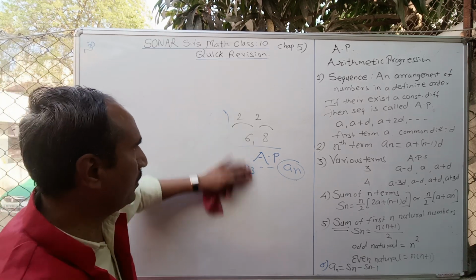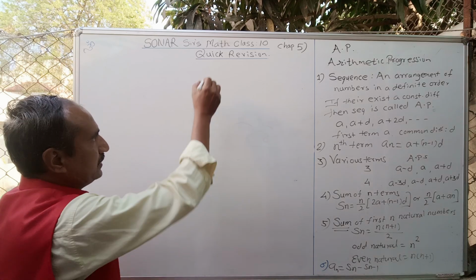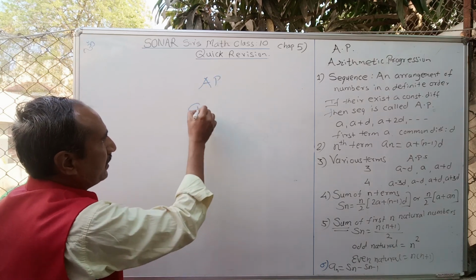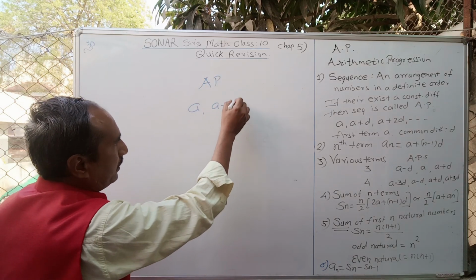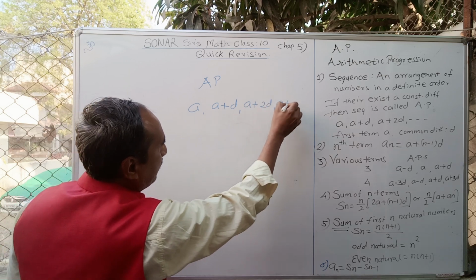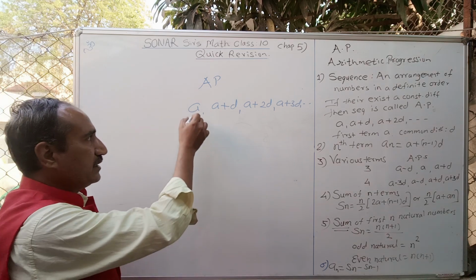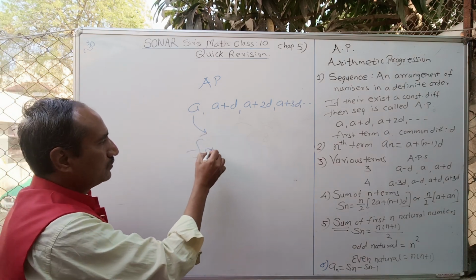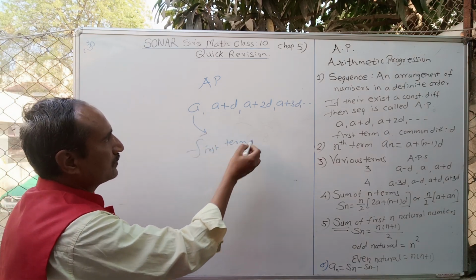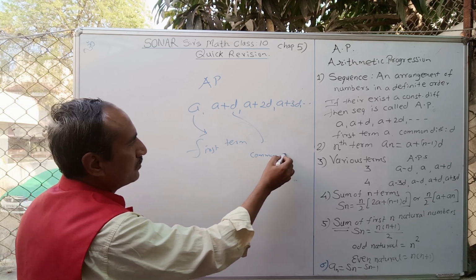So whenever we write down the algebraic form of an AP, we note it like this. APs are a, a plus d, a plus 2d, a plus 3d, and so on, where a is the first term and this d is the common difference.